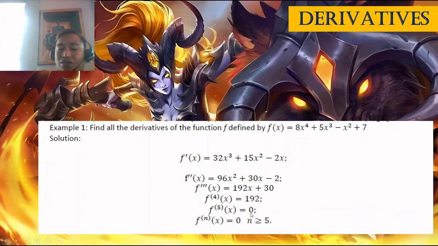Notice that with a higher exponent of 4, it becomes 0 at n plus 1, so at the fifth. If the highest exponent were 9, it would become 0 at the 10th derivative. But again, if the exponent is negative or fractional, it never becomes zero.